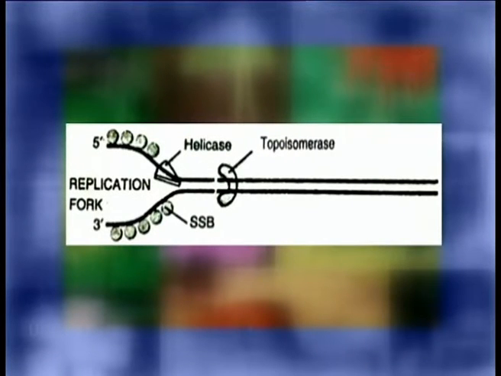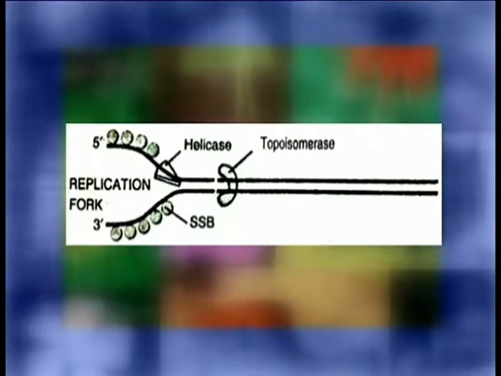Enzyme helicase continues the unwinding after being attached to the unwound DNA. Enzyme topoisomerase promotes the separation of strands by enabling strands to swivel around each other to remove the buildup of twists.